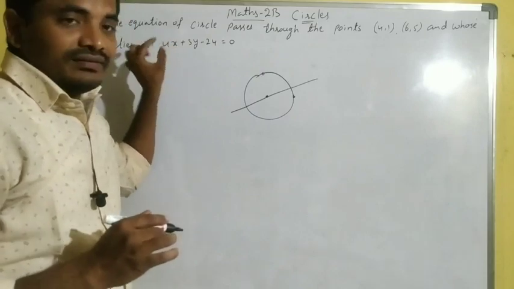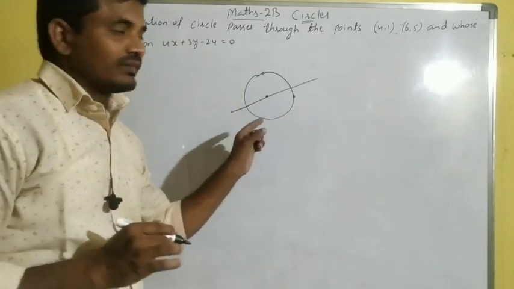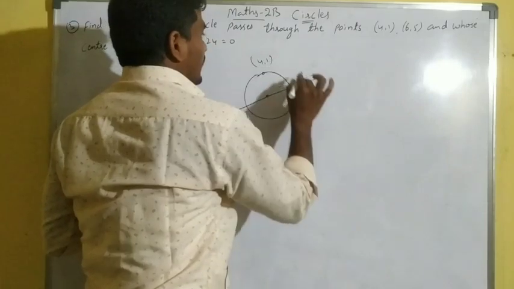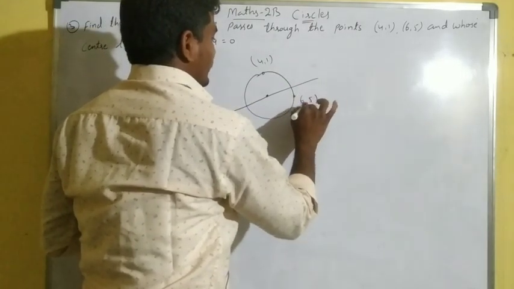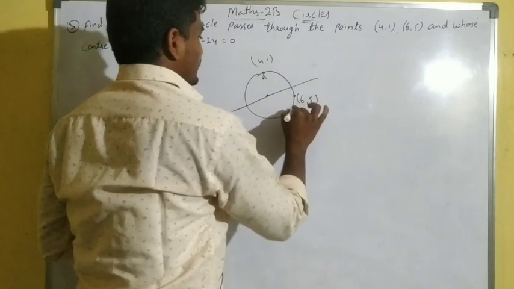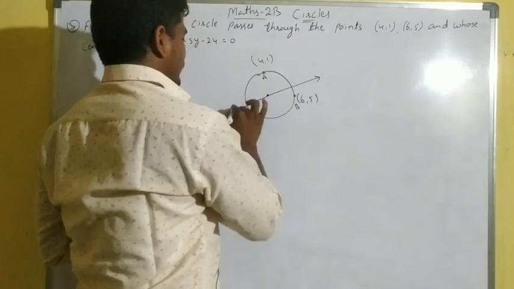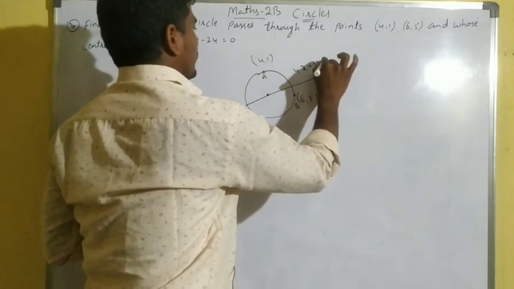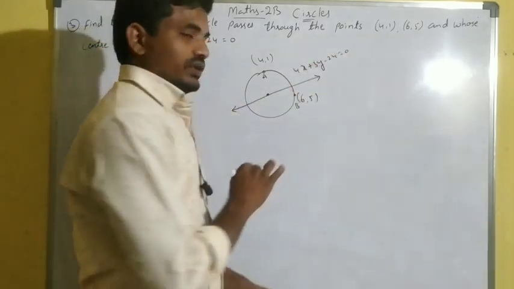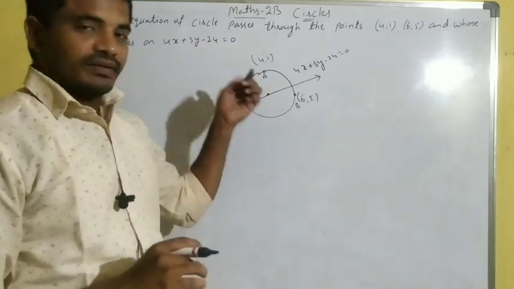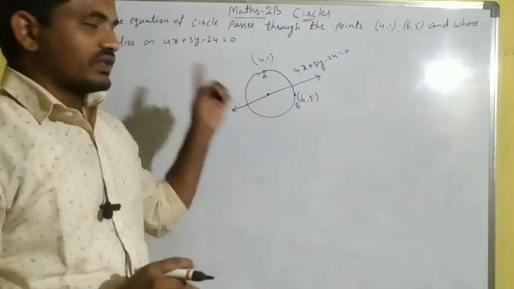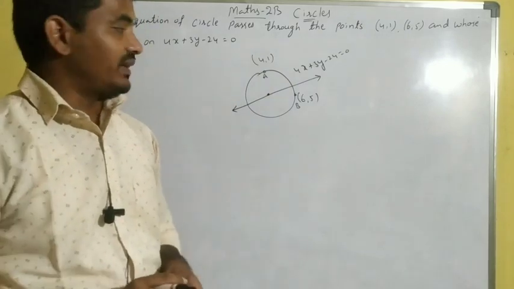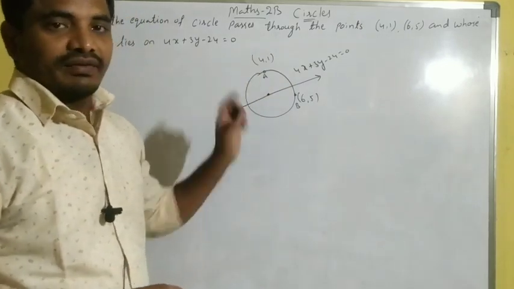On this line the circle center is there, and these are the points (4, 1) and (6, 5). Let me take this as point A and this as point B, and this is the equation of the line, 4x plus 3y minus 24 equals 0. This is a figure for this question. So we have to find the circle equation.